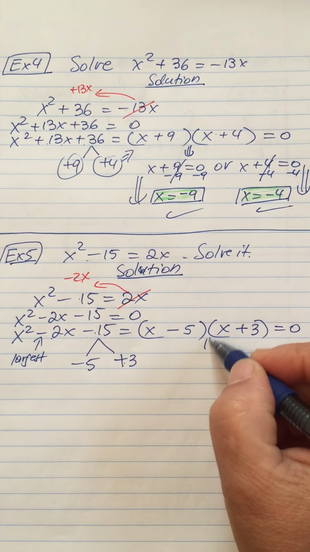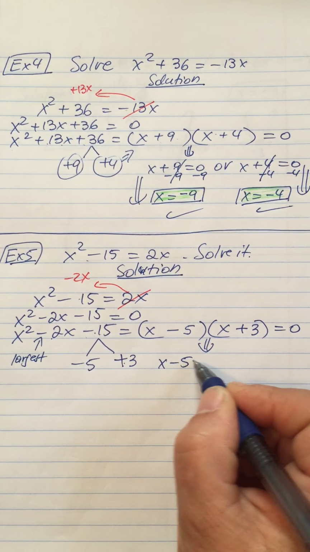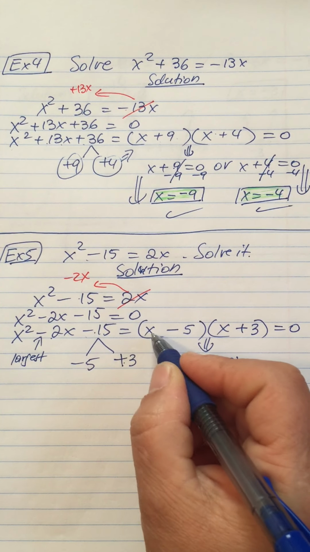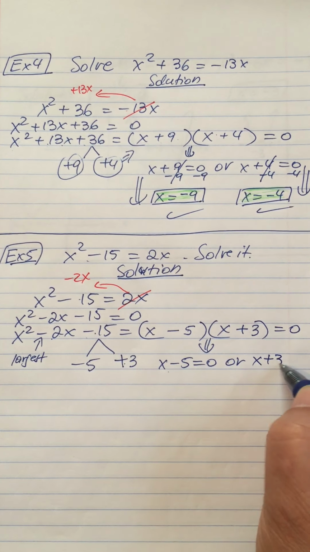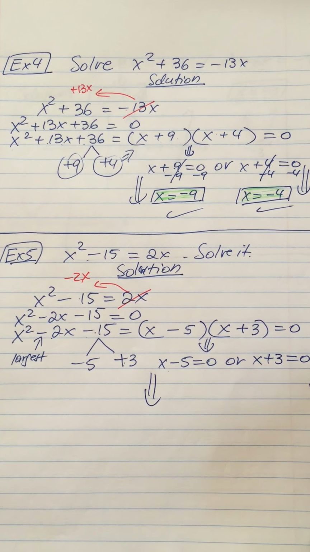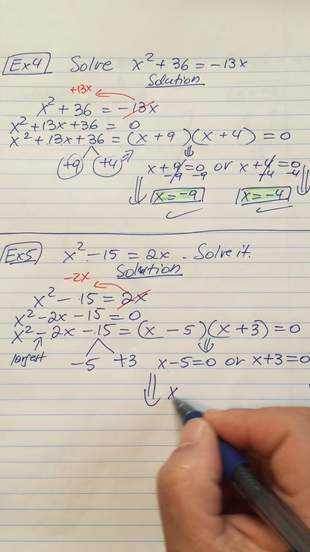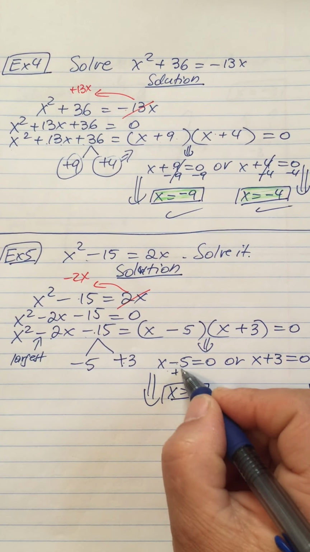Very good. And now I will set each factor equal to 0: x minus 5 equal to 0, or x plus 3 equal to 0. And immediately now I have the solutions. So just change the sign. x is 5, positive, or you add 5 to both sides.